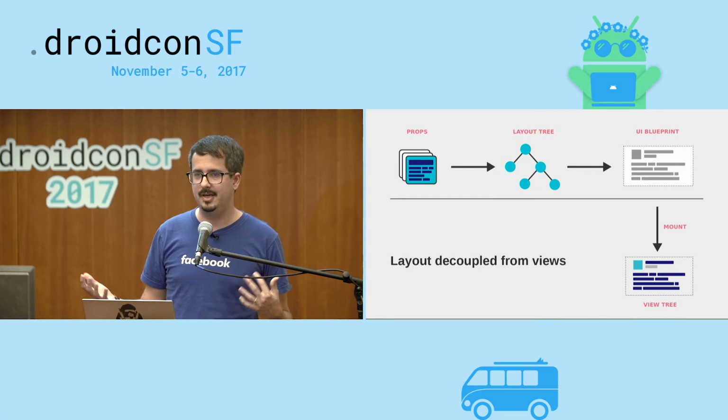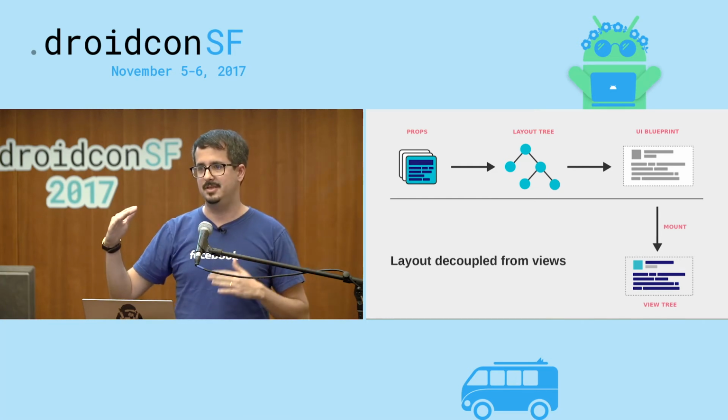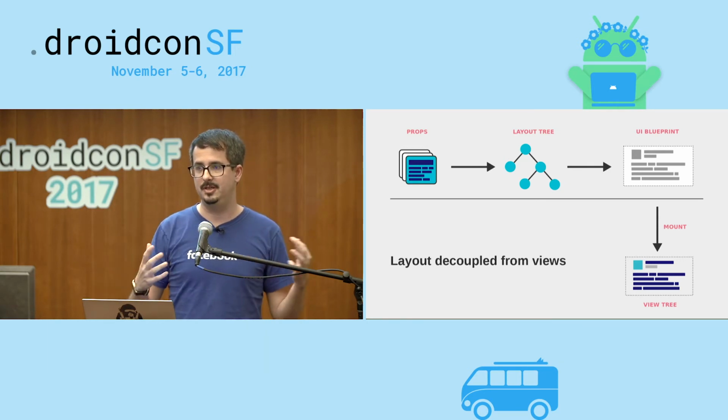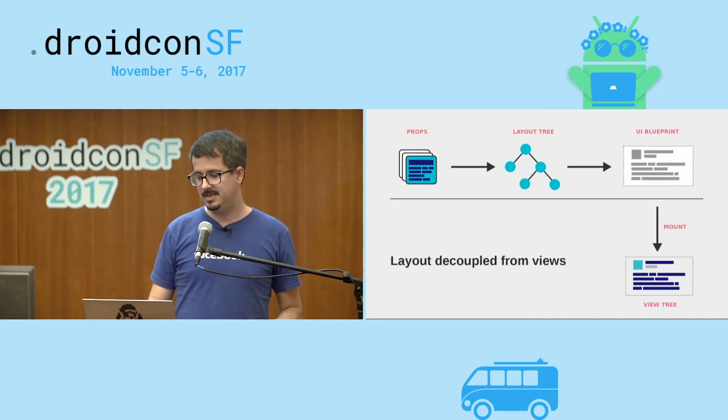So very common case, you build a view tree and inevitably you're going to have some nesting, and some containers are only used for arranging their children in a certain position, right? They're kind of useless for drawing. Because we split layout and drawing, we can just not use them at all. So by the time you mount, you can skip everything that doesn't have anything to do with drawing.